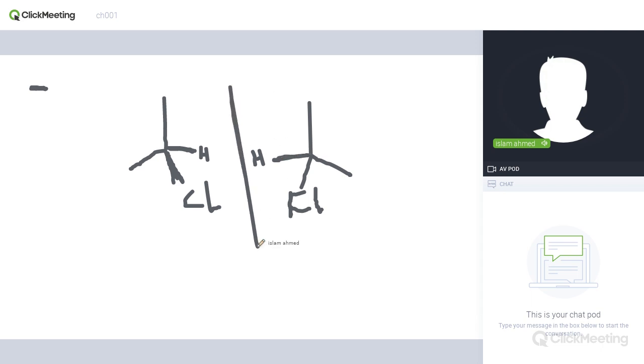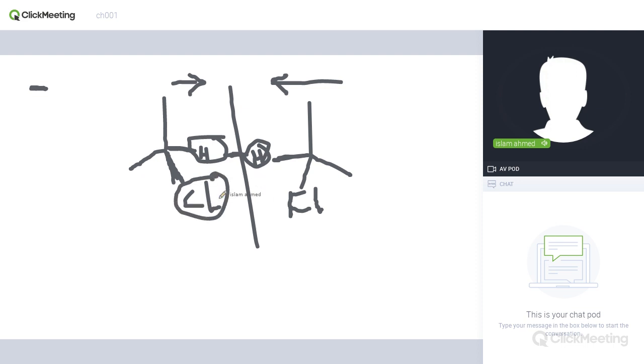So if we draw a line, yes, it is a mirror image. If we try to move those two molecules near each other, they will not overlap. Why? Because the hydrogen atom here and that one will touch each other, and also the chloride here and the chloride there. So it is non-superimposable. That's the most important thing.